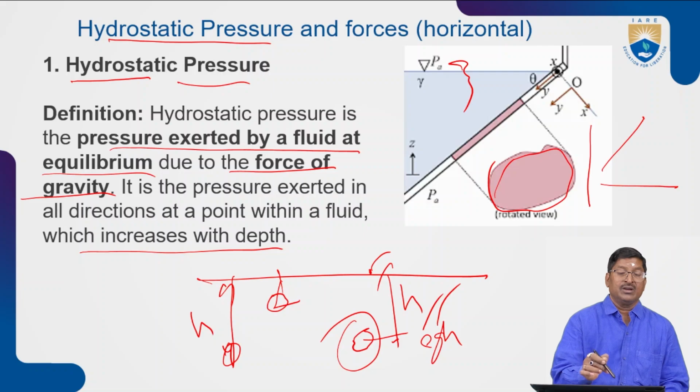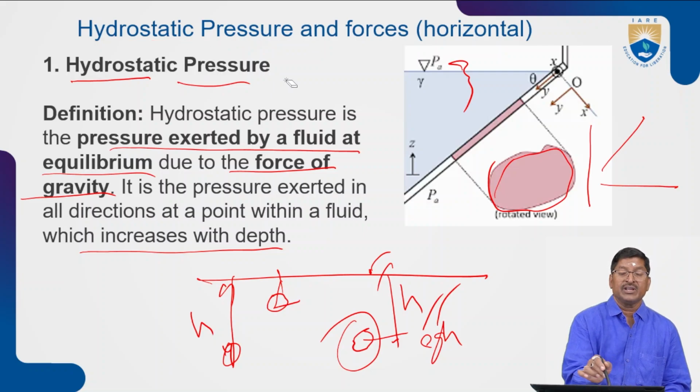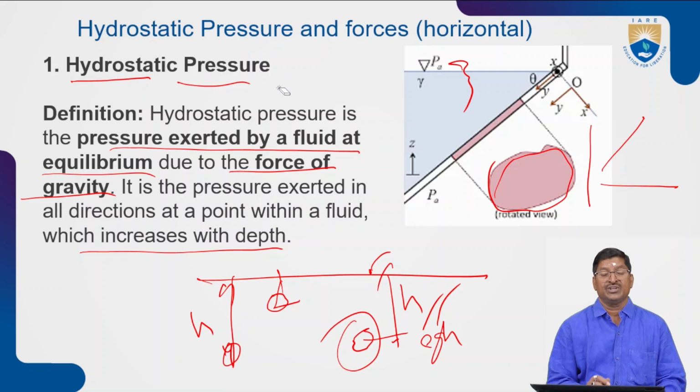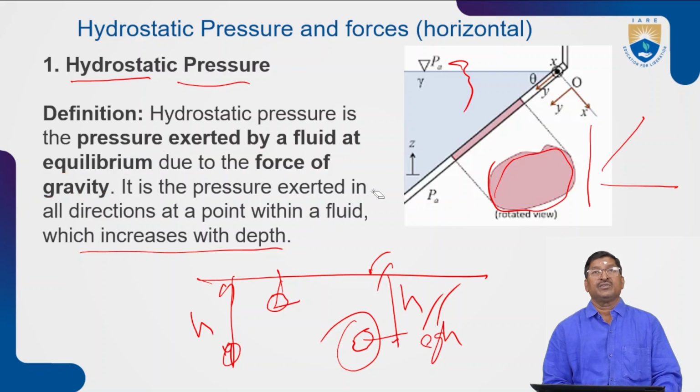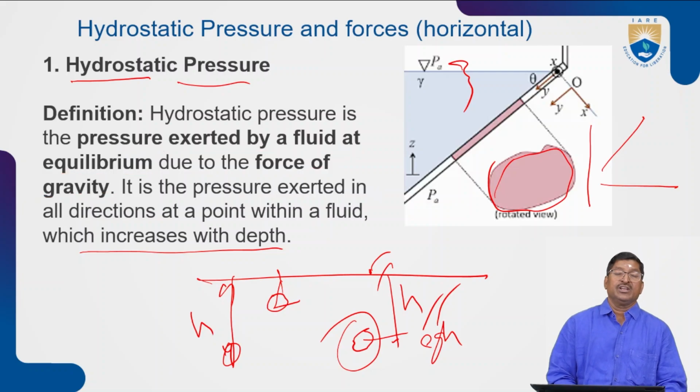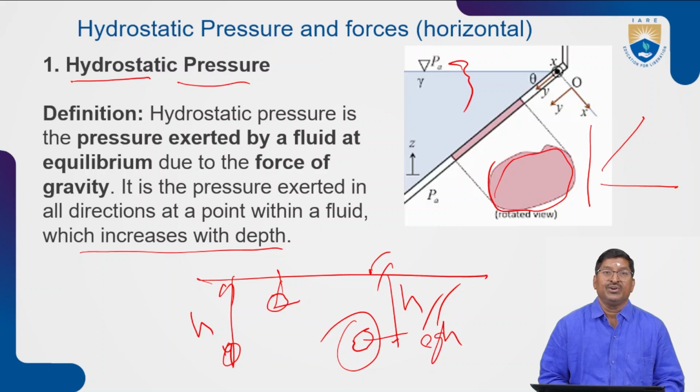Here what we dealt with today is the hydrostatic pressure and force also. The definition of hydrostatic pressure is nothing but the pressure exerted by a fluid onto the submerged surface at equilibrium. That means the fluid is at rest.